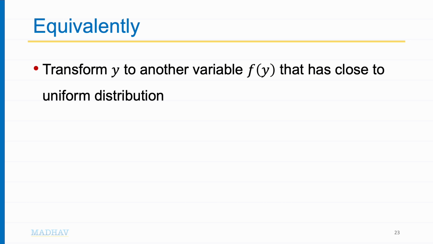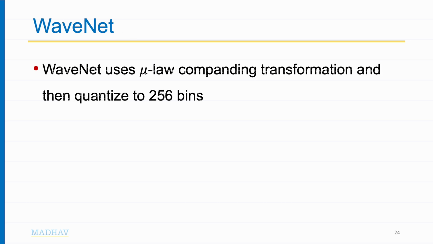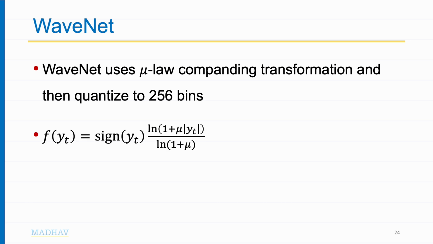Is this point clear? Now, how does WaveNet do it? WaveNet basically takes a large number of speech files, looks at their samples and their PDF, and approximates it with some simple PDF.